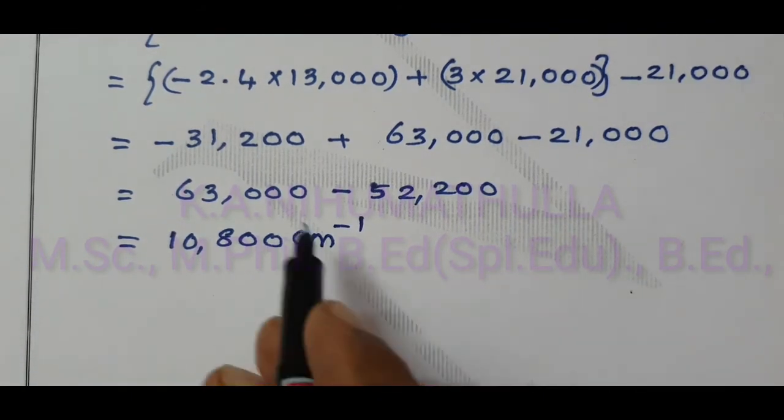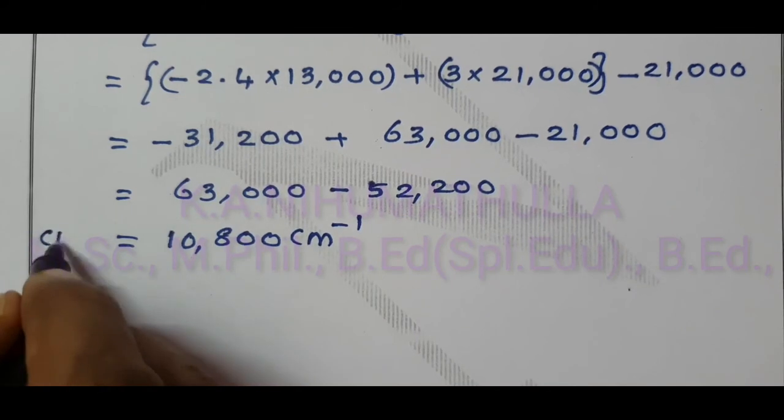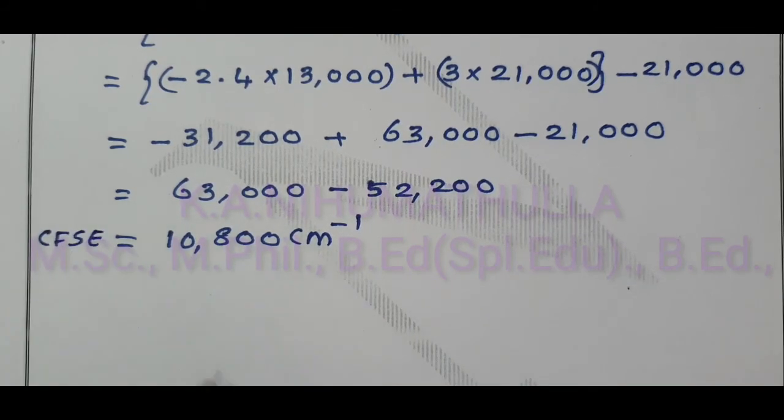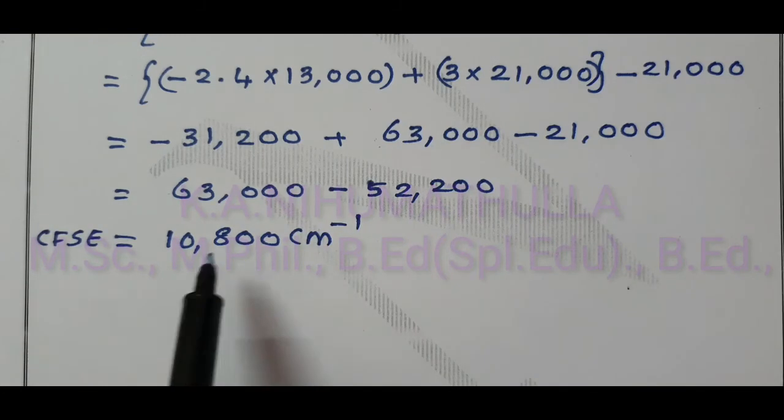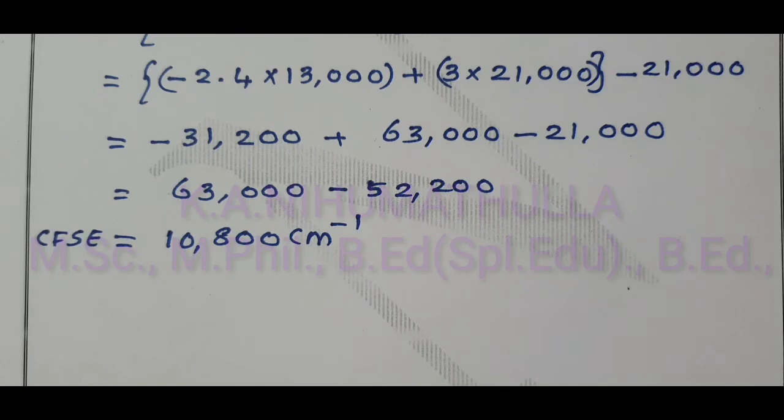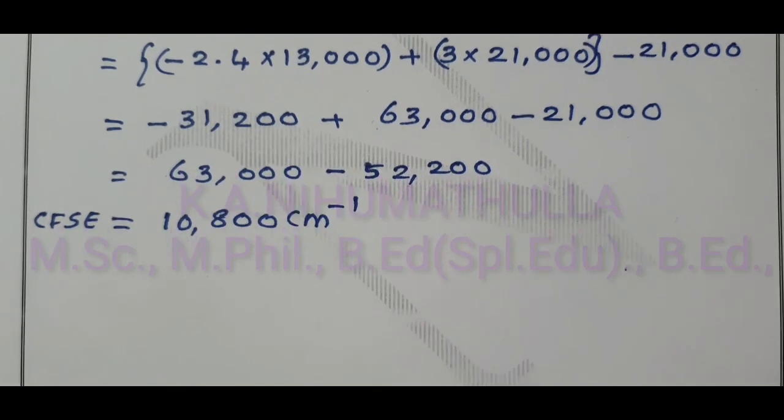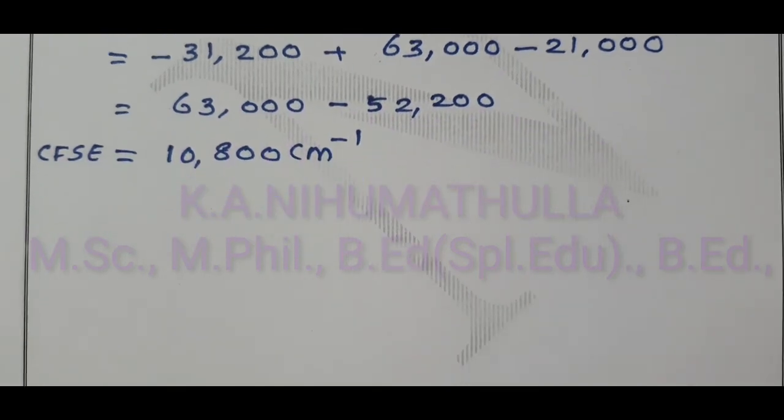For high spin complexes, the crystal field stabilization energy is minus 5200. For low spin complexes, it is plus 10,800. Which one is the lowest value? Minus 5200 is the lowest value.